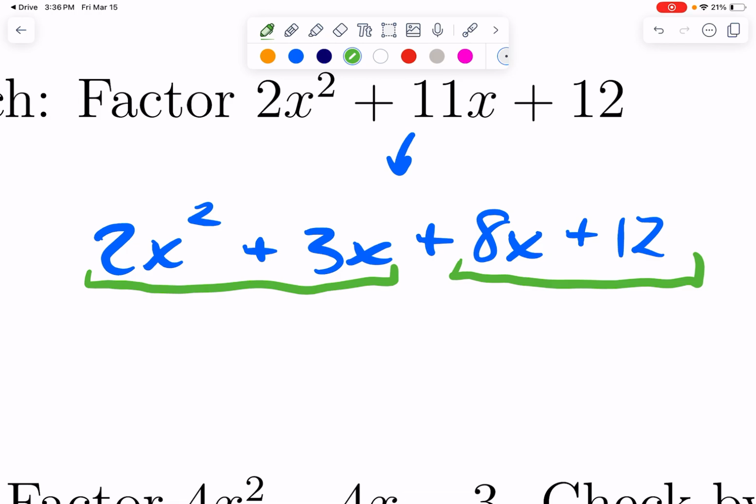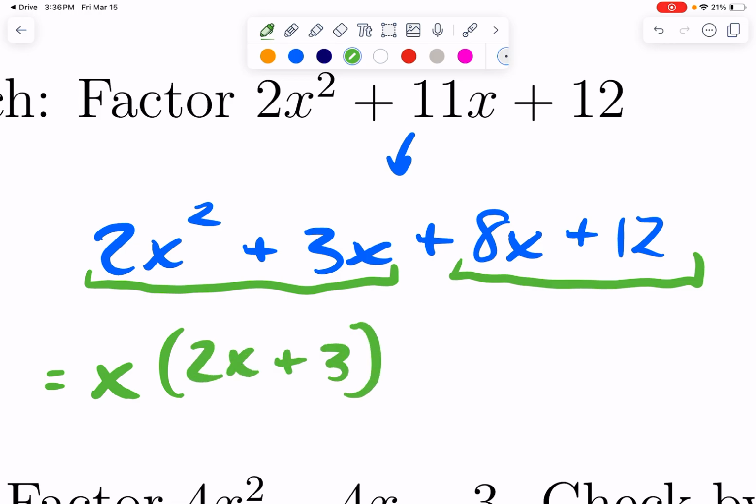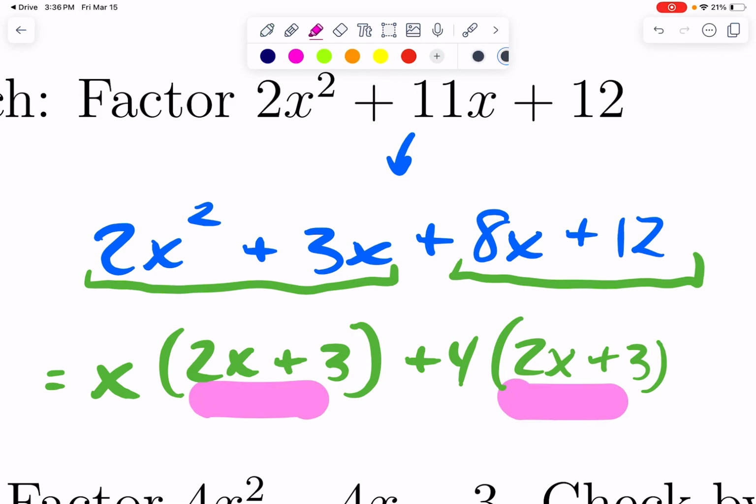Pull out any common factor. From the first 2, the only thing they have in common is x. So I will write an x, and what's left after I factor out an x is 2x plus 3. Now I'll look at terms 3 and 4. What they have in common is the number 4. So I will factor out a 4, and what's left is 2x plus 3, which is the same thing.